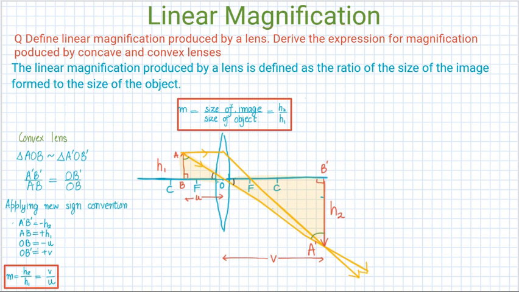Now, in your linear magnification, this magnification M equals h2, the height of the image, by h1, the height of the object, which in turn can also be written as V, image distance, by U, which is your object distance. Okay, so we will use this concept of linear magnification for your convex lens.